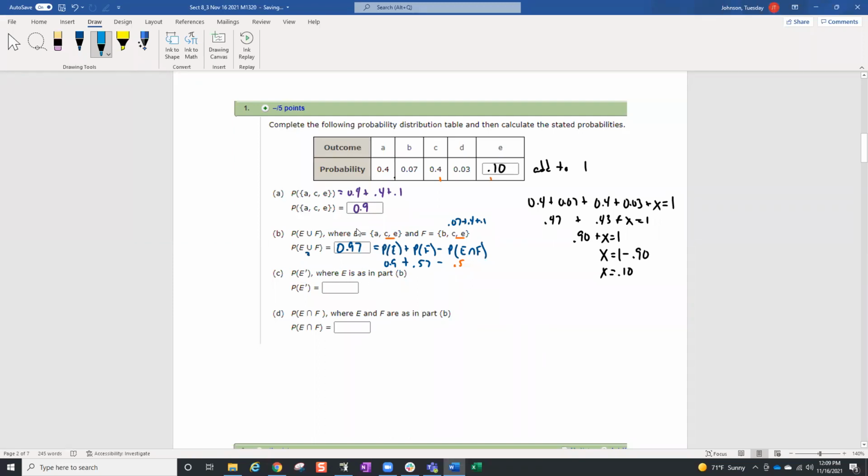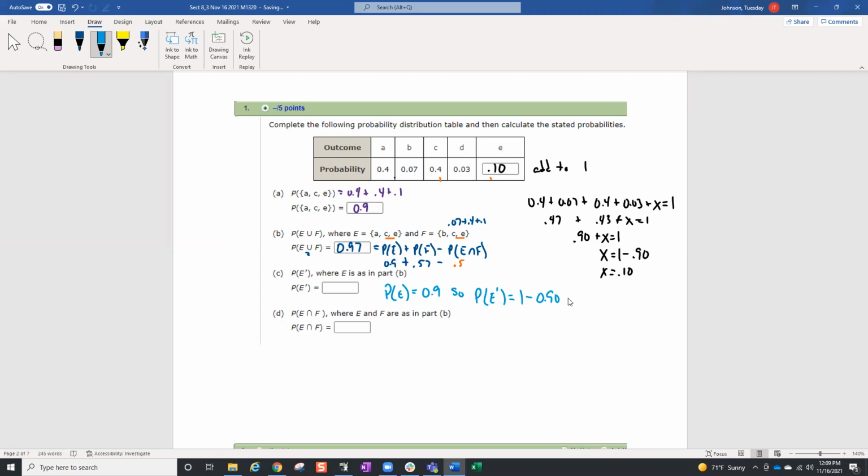All right, so what did we know in part B? We know that the probability of E is 0.9. But we know also that E and everything not in E has to add up to be the total. So the probability of the complement is 1 minus 0.90.